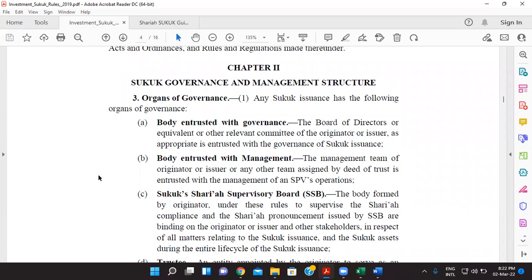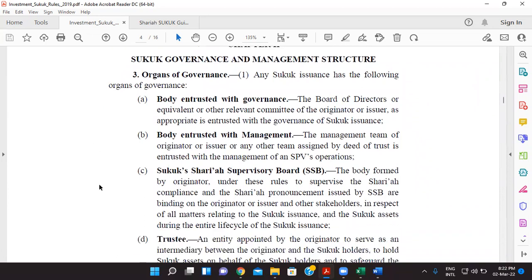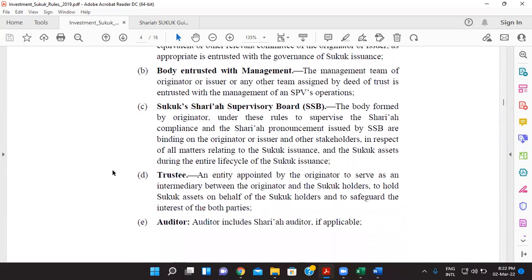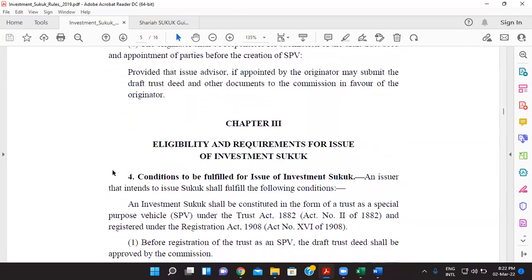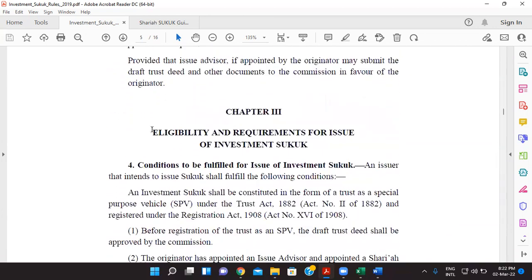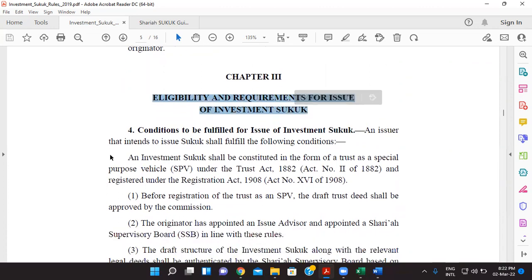And you will also look at chapter 2, that who have been given the responsibility for looking after the governance and who will be responsible for overall governance of the sukuk issuance. We would like to talk about eligibility and requirements for issue of investment sukuk in chapter 3, and I would like to encourage you to look at other chapters at your own responsibility, and this should be covered.